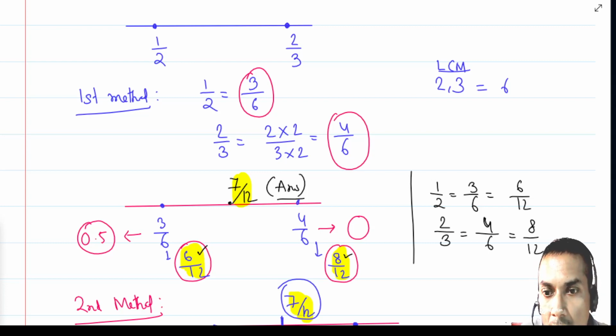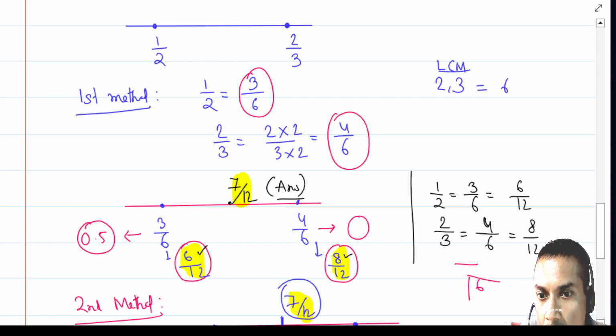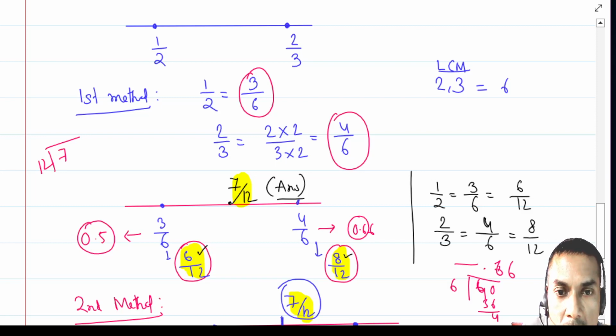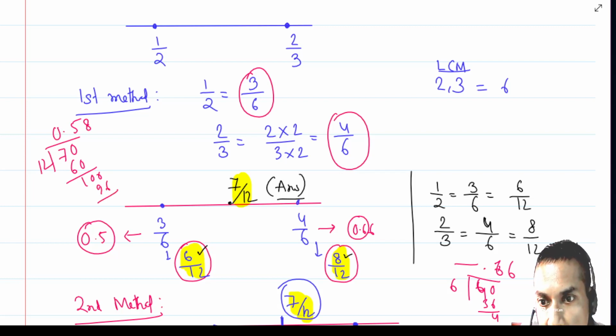4/6 is 0.66, or 0.67. And what is the value of 7/12?